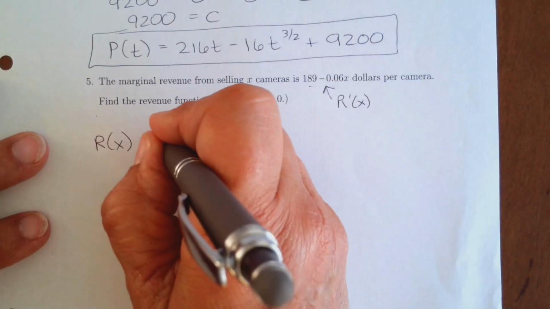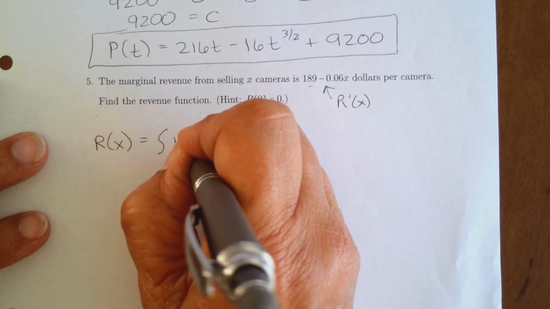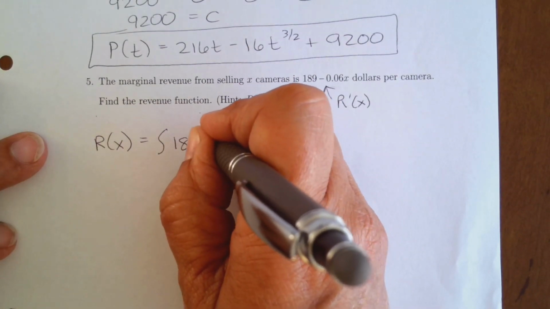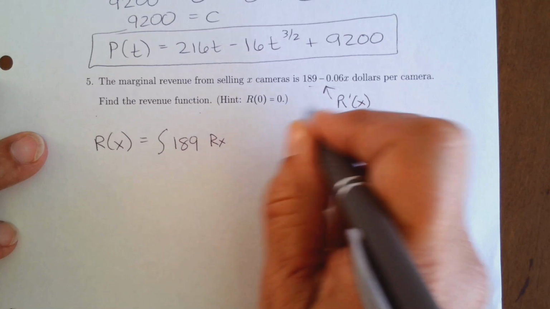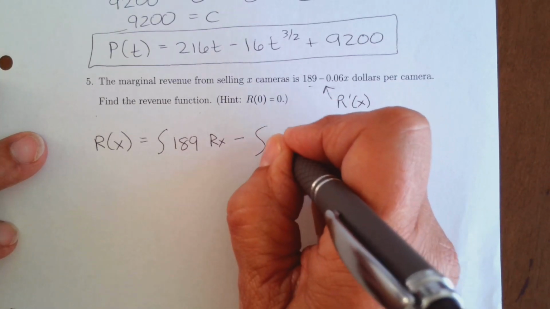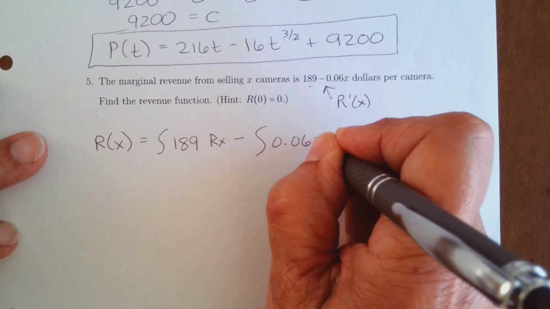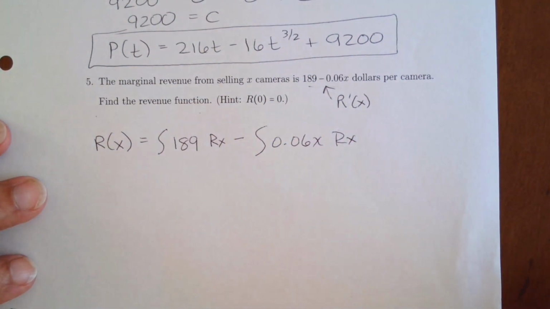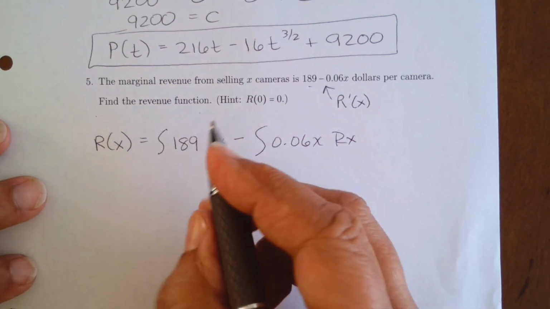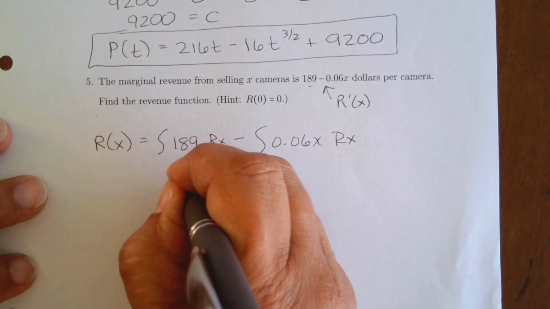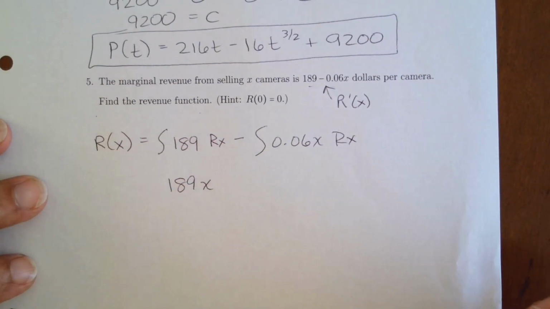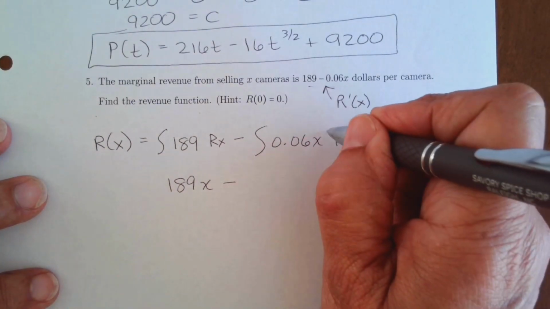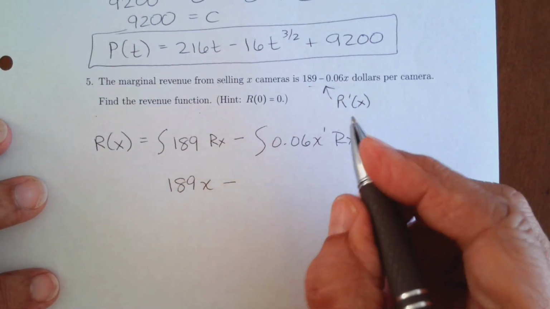We want R, which is integrating, going backwards. So we're going to integrate 189 dx and then integrate 0.06x. This first one is just a constant, so that is 189x. Here, this is x to the first, so we're going to add 1, don't forget.